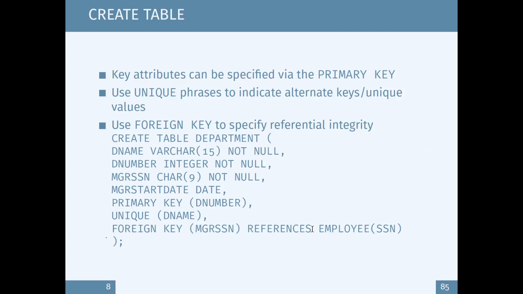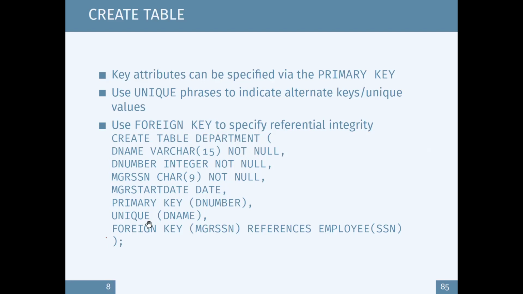And then there are things like this. For example, I told you, when you're creating a database, you have to take one of the attributes as a primary key, right? So the primary key statement can be used to say in SQL what the primary key is. So you can see the department table.